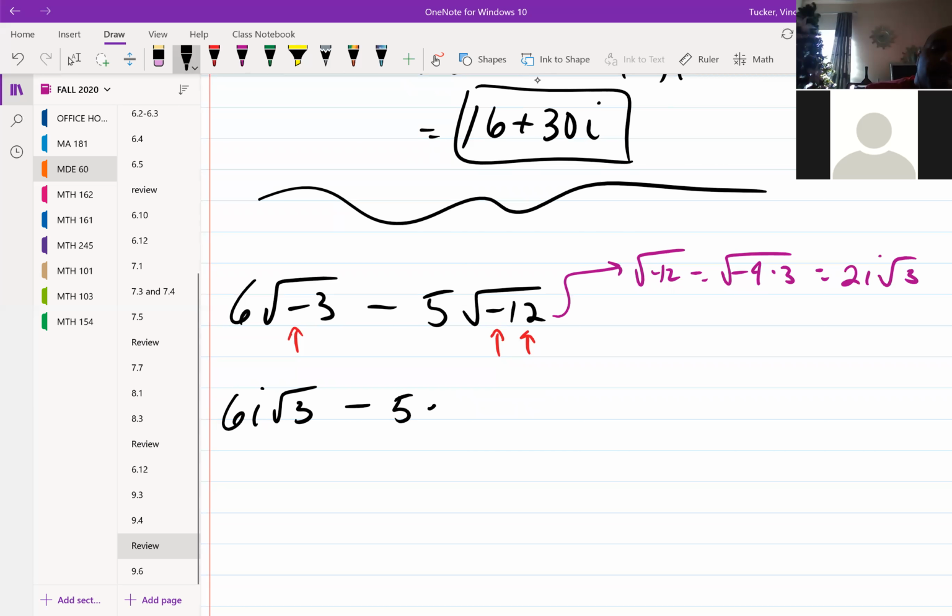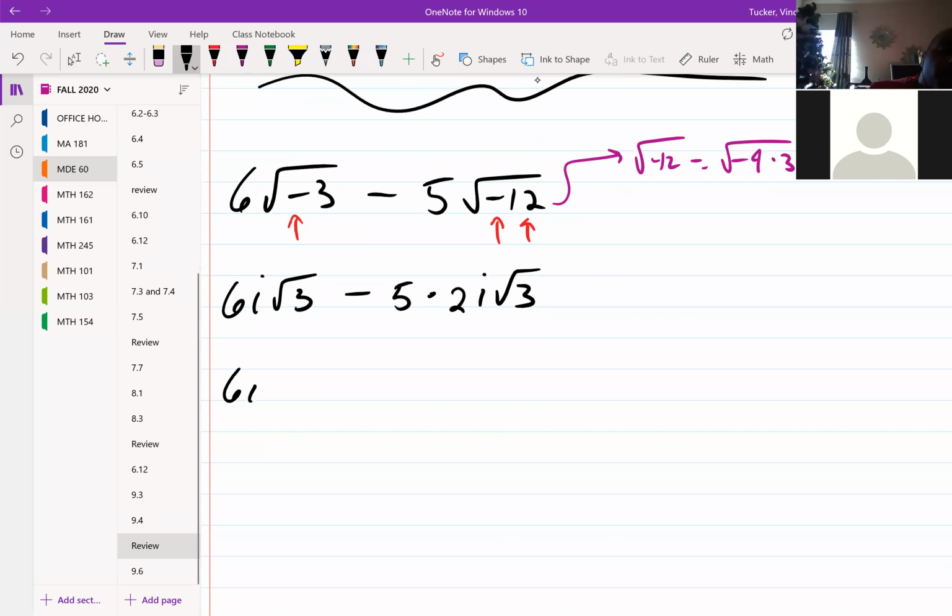So that'll be 5 times 2i square root of 3. 6i square root of 3 minus 10i square root of 3. And 6 minus 10 would be negative 4i square root of 3.